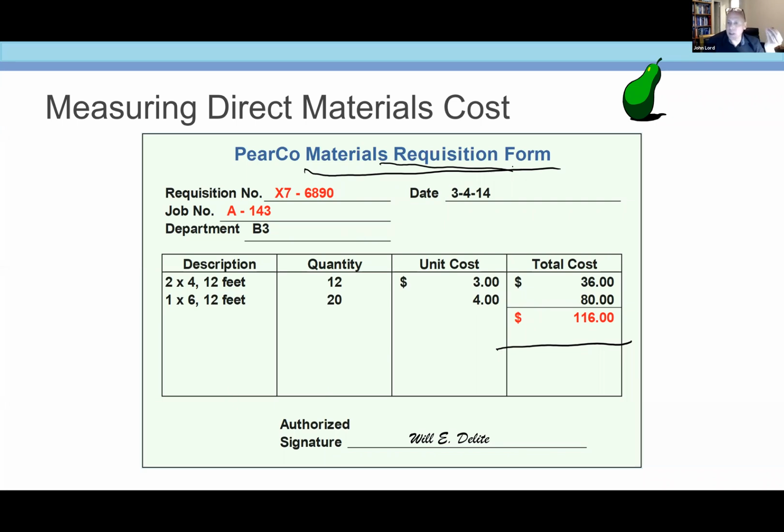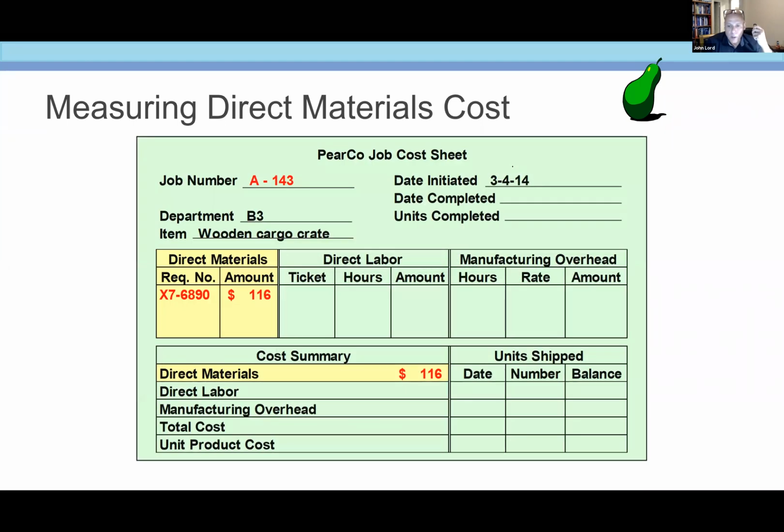I'm requesting materials for this particular wooden crate, and they get some different pieces of wood, and that's $116 worth of wood. Now, you could lay wood on the table or the floor all day, and it won't turn into a wooden crate. You have to apply that onto the job order cost sheet.